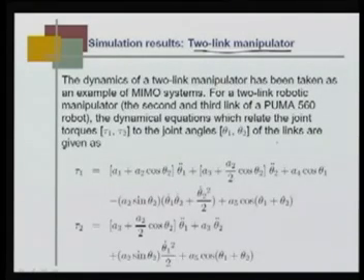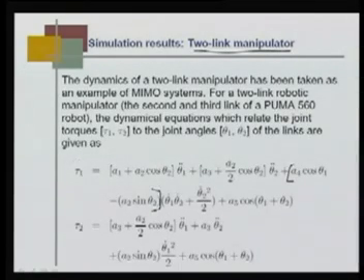Tau 1 is a 1 plus a 2 cos theta 2 times theta 1 double dot, plus a 3 plus a 2 by 2 cos theta 2, which is the coefficient of theta 2 double dot, plus a 4 cos theta 1 minus a 2 sin theta 2, the whole term multiplied with this term.